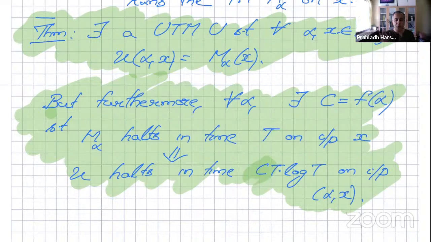Once you fix the string alpha, it would have a bad dependence on the particular Turing machine, but not on input x. X could keep changing, but this c will remain the same. Only t changes as x changes, because the length of the input is changing. Any questions on this? This is quite a mouthful of a statement.